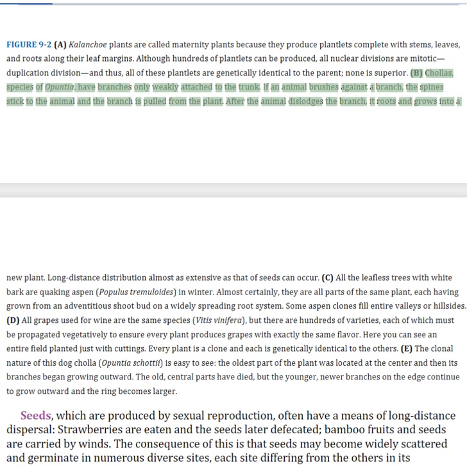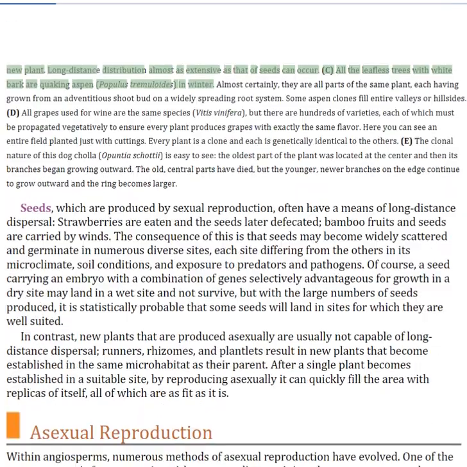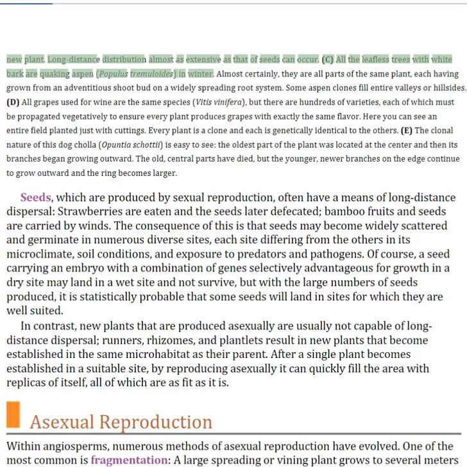Chalice, species of Opuntia, have branches only weakly attached to the trunk. If an animal brushes against a branch, the spines stick to the animal and the branch is pulled from the plant. After the animal dislodges the branch, it roots and grows into a new plant. Long-distance distribution almost as extensive as that of seeds can occur.